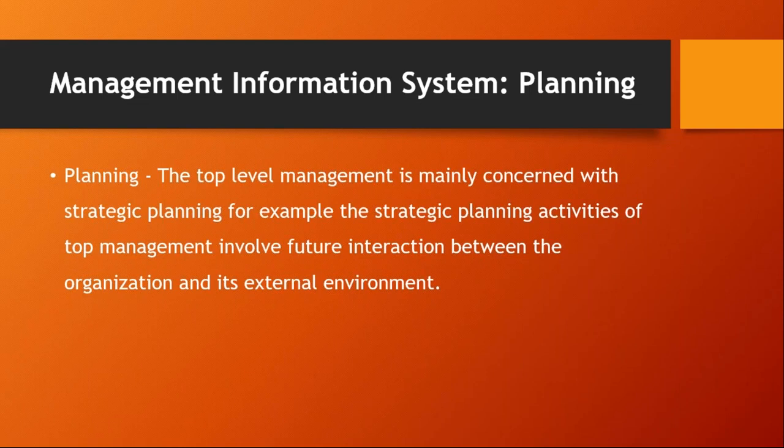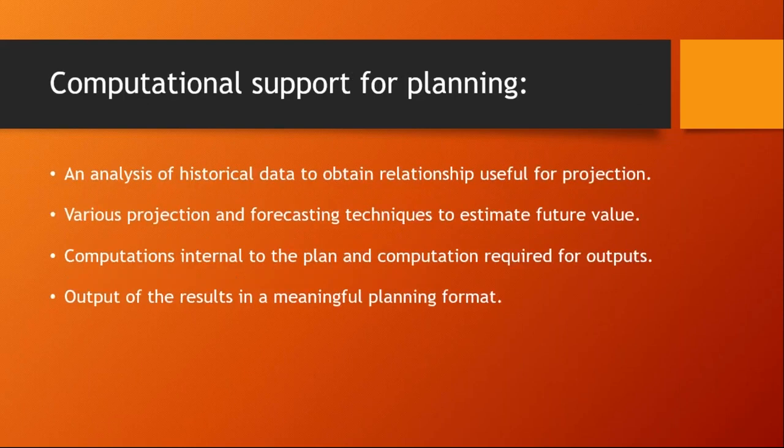That's one of the ways organizations can move further. So a management information system requires effective planning, coordinated from the top level management, and both the internal and external environment must be involved in this planning.